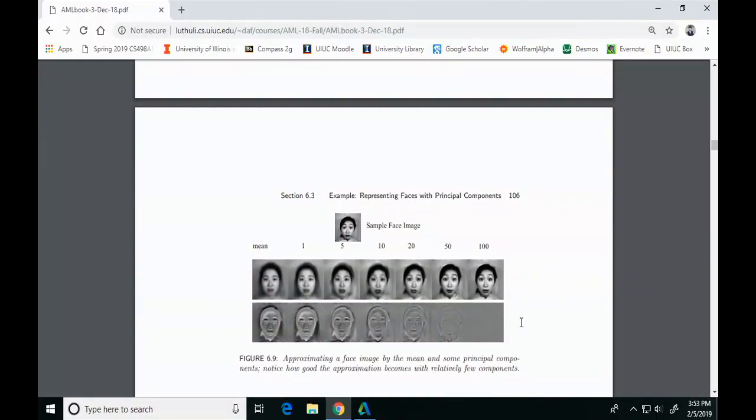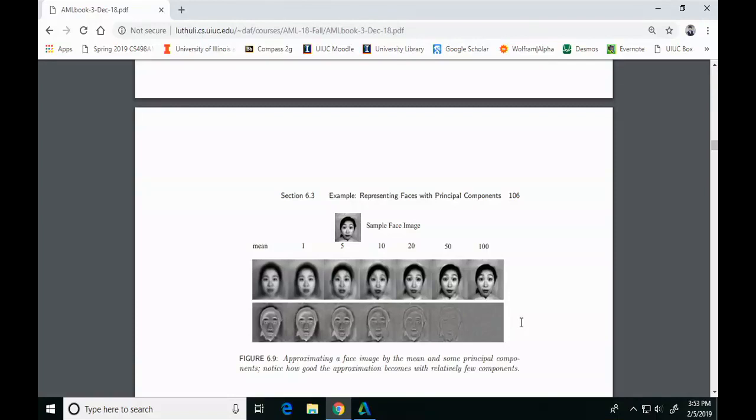Here's an example of an actual sample image. It's an image of one person. The original's there. And then you can see the top row is how many combinations of eigenvectors we used, how many principal components we used.